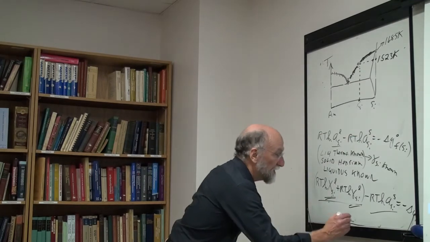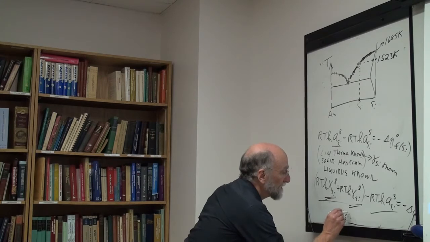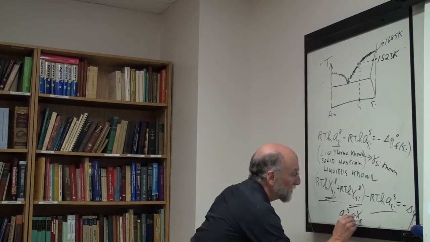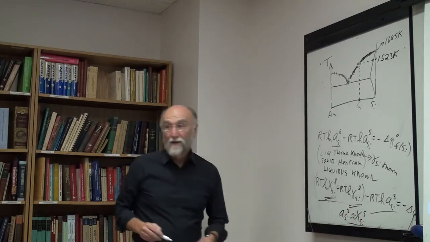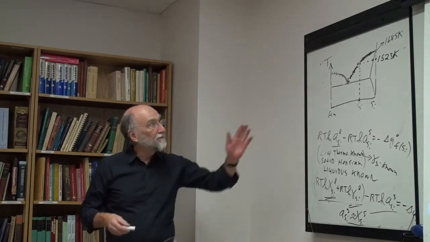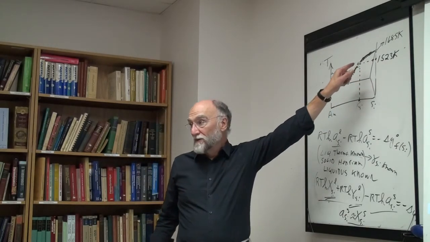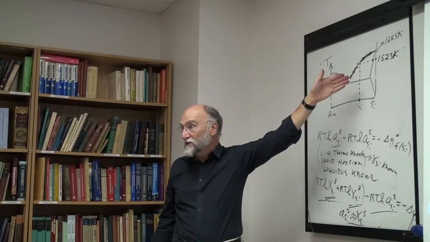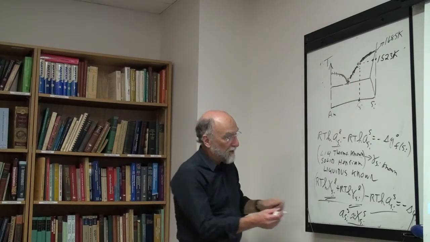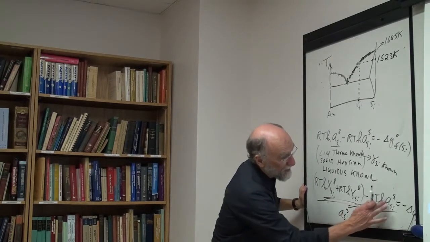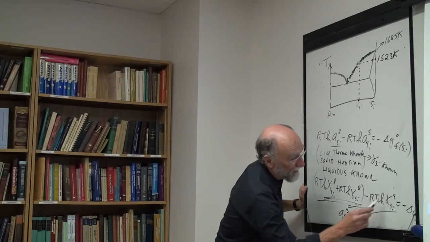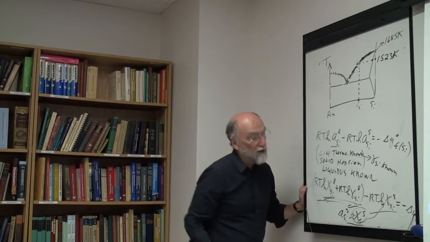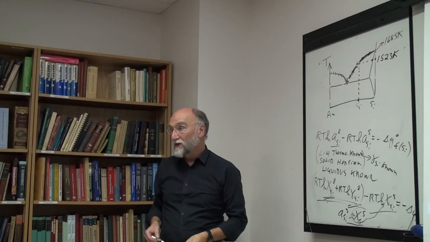So that means that the activity of silicon in the solid is approximately equal to the mole fraction of silicon in the solid, provided that this is a dilute solution. So the mole fraction of silicon in the solid is like 0.99, 0.98, 0.97. Okay, so if you know that, then this becomes the mole fraction of silicon in the solid, and so now I can calculate the mole fraction of silicon in the solidus.